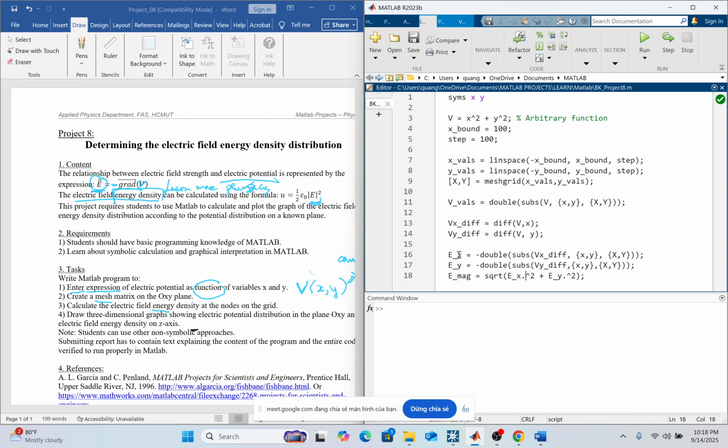It will be applied to all the elements inside here. If you don't have this dot, there will be an error. You cannot raise a matrix, but you can perform element-wise multiplication, which means that you apply this power of 2 to each value in your matrix.